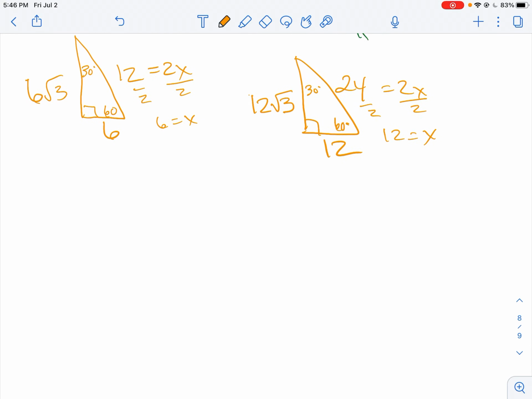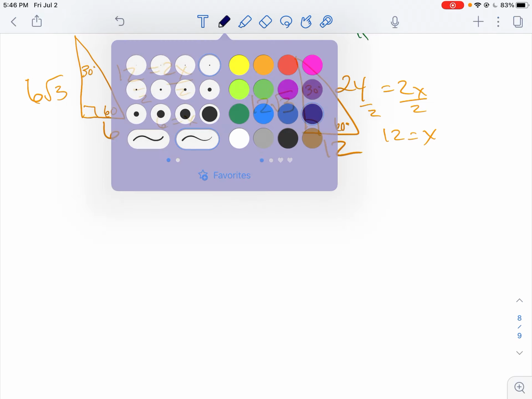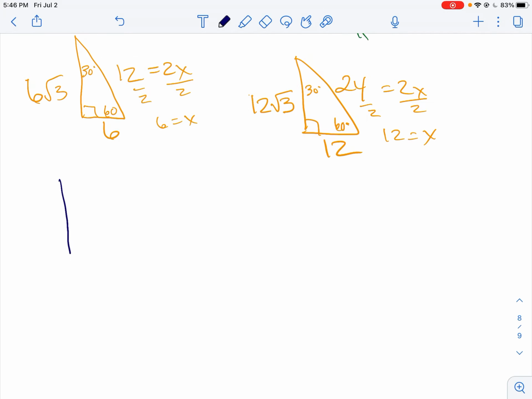Okay, so now the one that becomes a little trickier is when I'm just going to redraw it down here. That's all I'm doing right now. Okay, so this is 2x, this is x radical 3. That looks more like a 45, 45, 90 triangle, but we're just going to go with the flow.